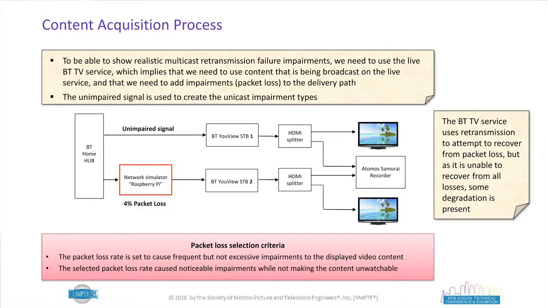We didn't want to be biased because you could obviously run various profiles. Do you want it to be bursty or concentrated burstiness? But say, okay, we'll do a randomized. So what we do is we set a box to record, say, a program, a football game, or a tennis match, and then we select interesting clips that had relatively some packet loss, not too excessive, noticeable, but not too bad.